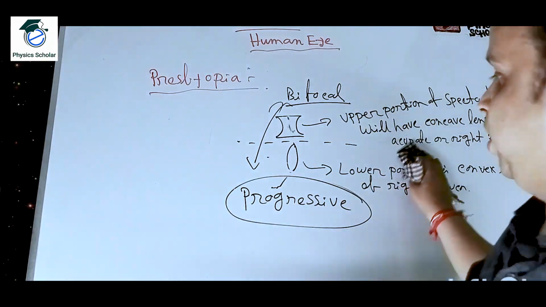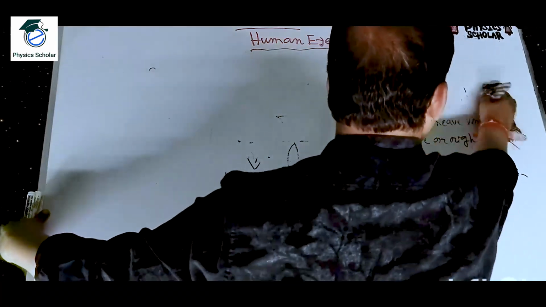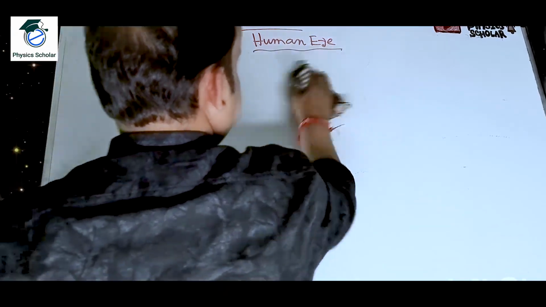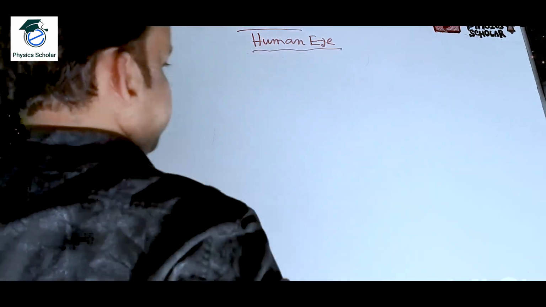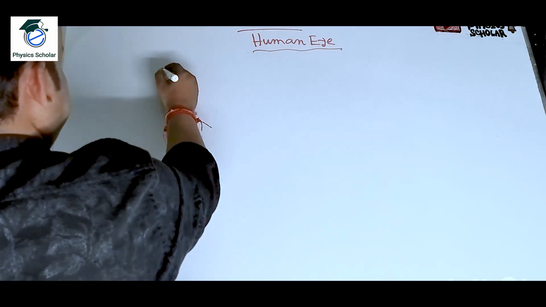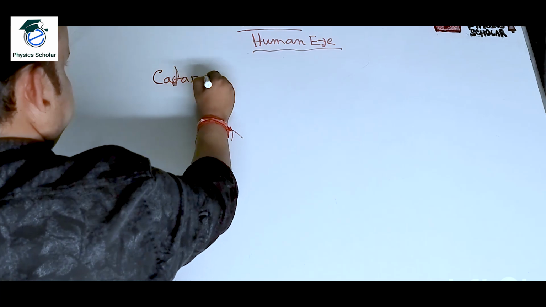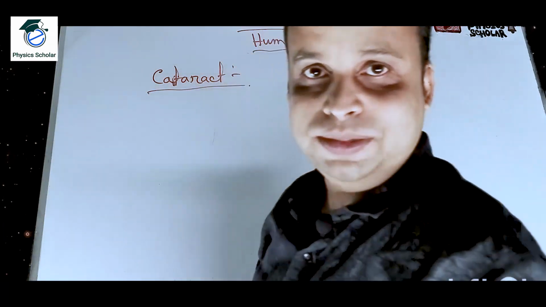So students, now let us move to the next very common defect of the eyes, and you have also heard the name, that is cataract. If you have a grandfather, grandmother or any old person at home, you might have heard this word cataract. That is also one type of eye problem.